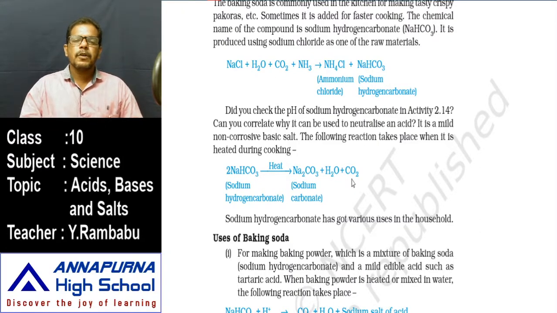Due to these small pores for letting out the carbon dioxide, the food material automatically becomes soft. Let us observe: if sodium hydrogen carbonate is not added to the food material, it is hard and quite small in size. The food material, that bhaji or some other thing, is hard and small.